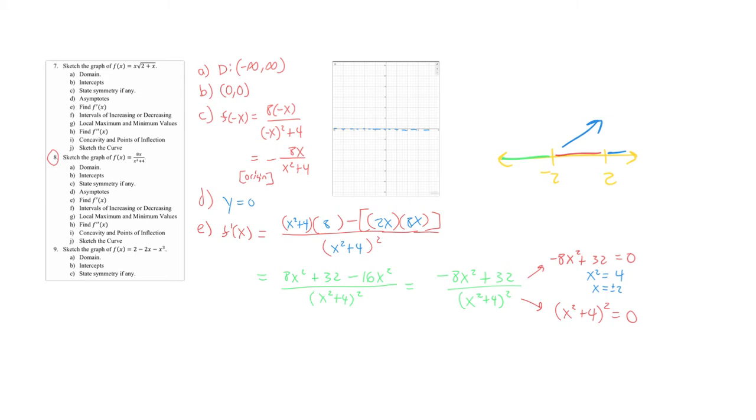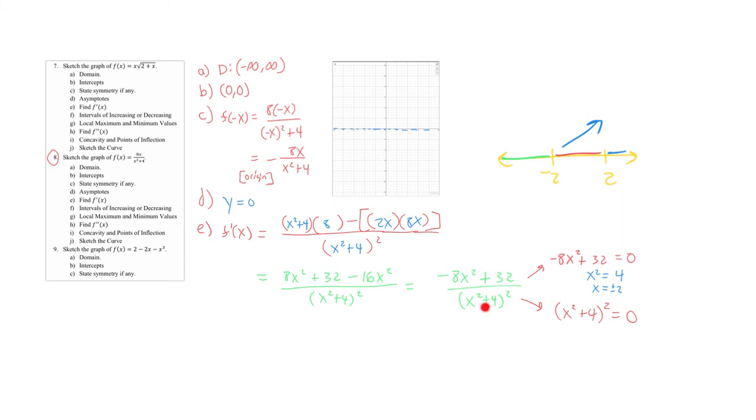It is the case that when we plug in something greater than 2, for example, 3, that would be negative 8 times 3 squared, which is negative 8 times 9, and that would be a negative 72 plus 32, which would give us a negative numerator. Now the denominator is definitely going to be positive no matter what, because whatever's in here gets squared.